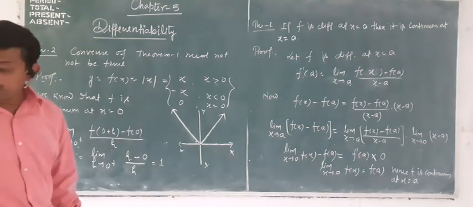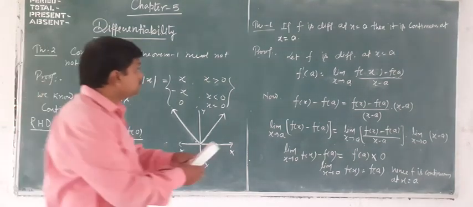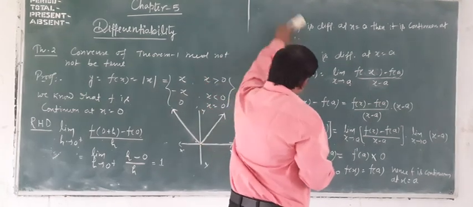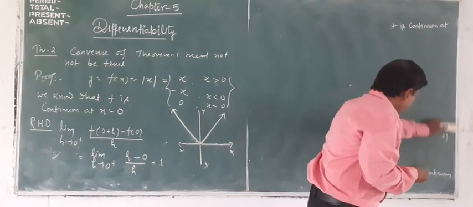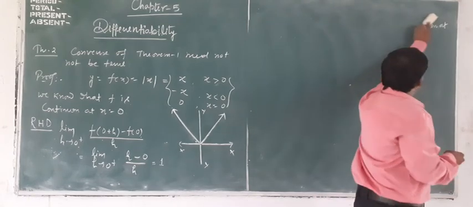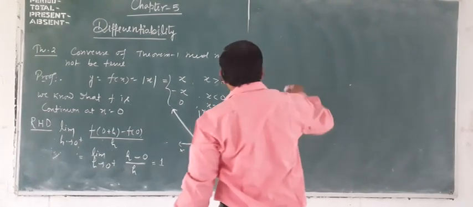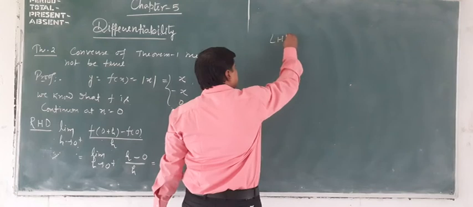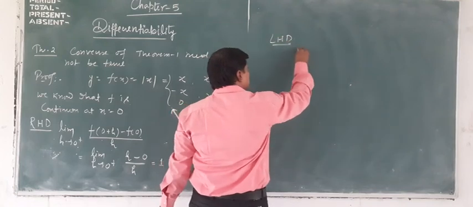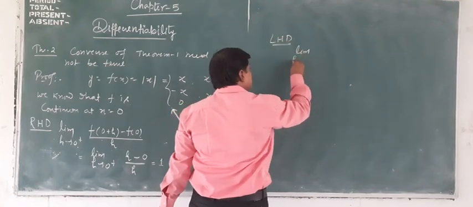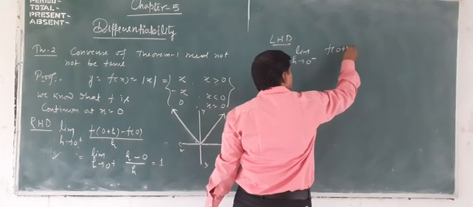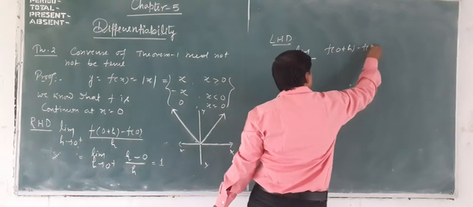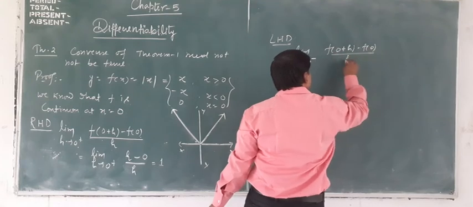Now to find its left hand derivative of the function: limit h tending to 0 minus of (f(0 plus h) minus f(0)) divided by h.